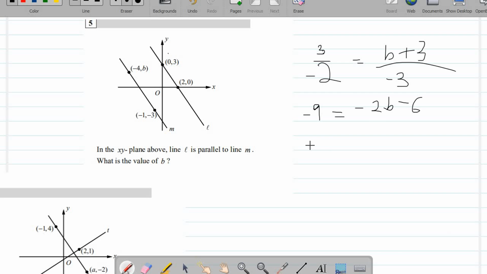So minus 9 plus 6 is equal to minus 2b. Minus 9 plus 6 is minus 3. Minus 3 equal to minus 2b, so that makes more sense now. So b is definitely 1.5.